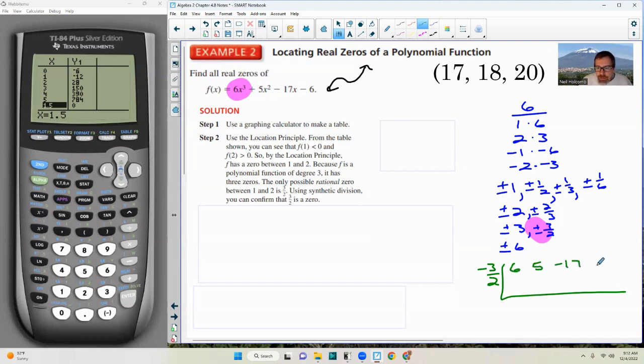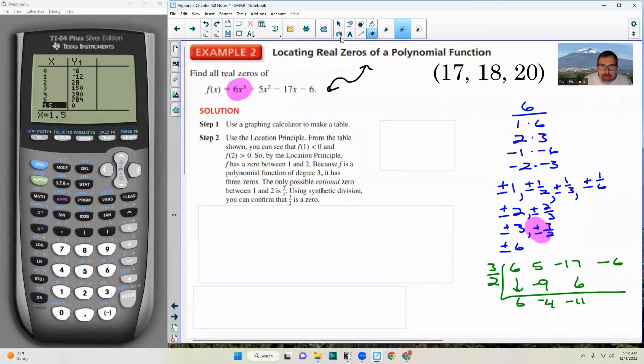You bring down your first term, and negative 18 divided by 2 is negative 9, and that gives me negative 4. Negative 4 times a negative 3 is a positive 12, divided by 2 is 6. Negative 17 plus 6 is negative 11. That'd be negative 33 over 2, and that's not going to give me a 0.